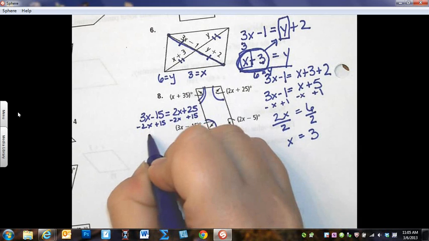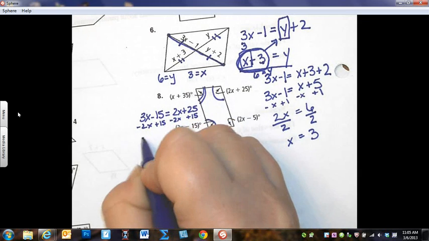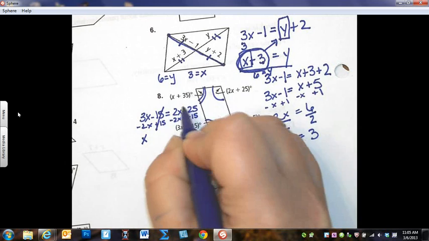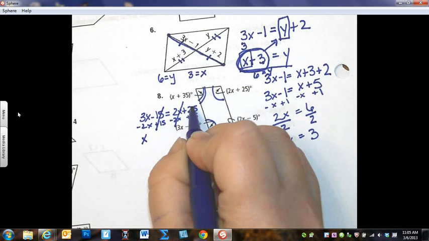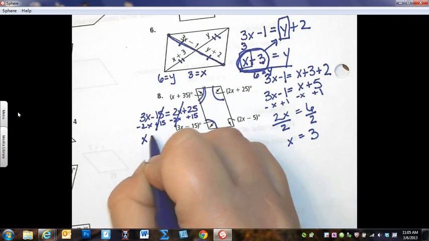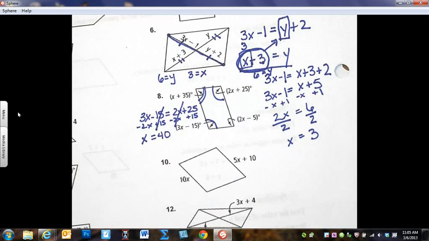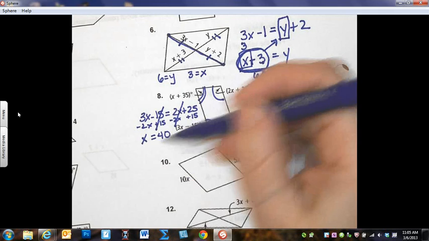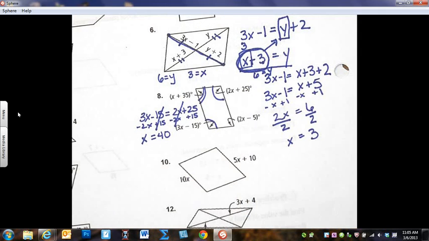When I subtract, I have an x here. That's gone, and 25 plus 15 is 40. So I know that x is 40. If you wanted to know each of the angles, you could plug 40 in for each of these x variables and find all of the different angles.